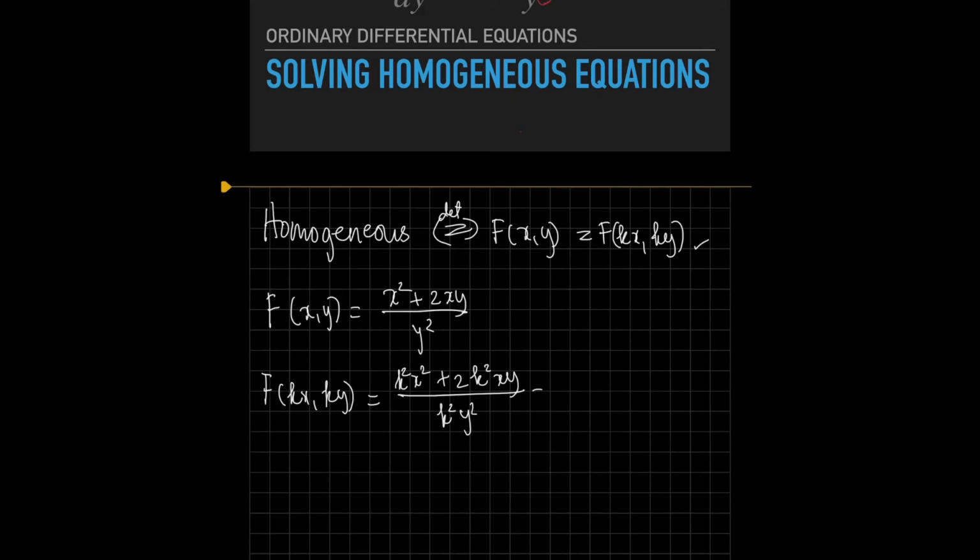And then all the k squareds cancel, and what you're left with is x squared plus 2xy all over y squared, which is what we began with, f(x,y). And so what we see is that f(x,y) equals f(kx, ky). And so we know this is homogeneous.